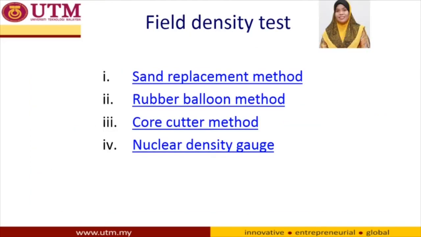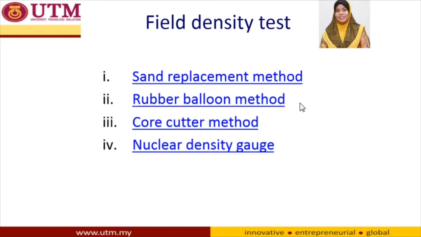Okay, now we look into details of the methods used to determine the field density for granular materials, whether the specified compaction is achieved or not. It should be noted that there are a lot of FDT available in practice, but only these four methods will be discussed further in this video.